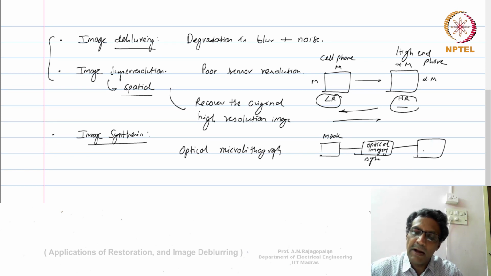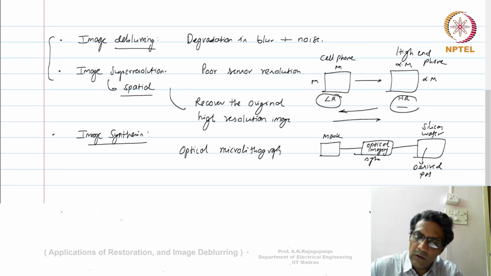So I want to produce a pattern on a wafer. Here is a silicon wafer, and you want to find out what the mask should be such that when it is passed through an imaging system, it produces a desired pattern on the wafer. Now, you know exactly what you want in this case, which is a desired pattern.